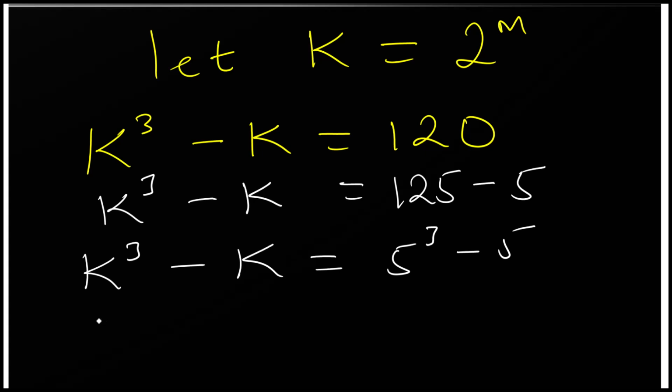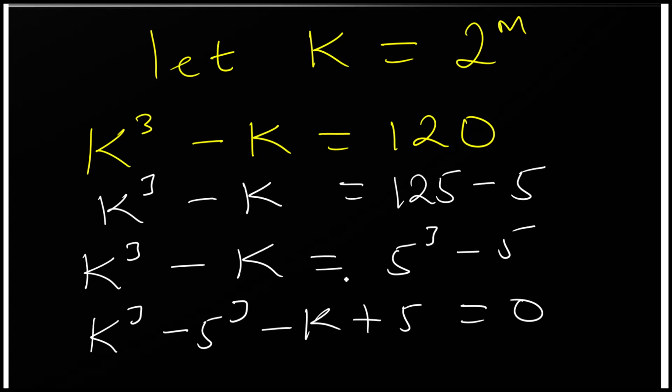So let's send everything in. k cubed minus 5 cubed, I want to pair with this, minus k plus 5 equals 0.